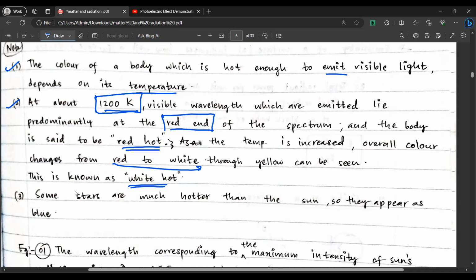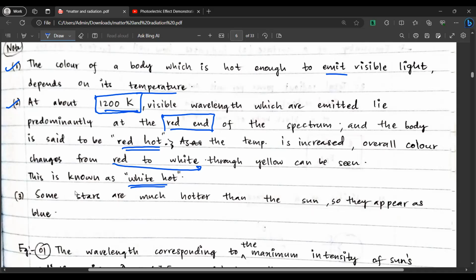Hope the idea is clear. And with that idea, when we look at our sun and at our stars, which one is hotter? So the sun looks white hot, right? It looks for us like it's yellow in color. But the stars, they look blue in color.